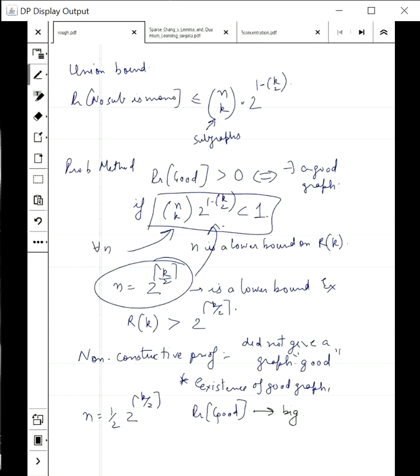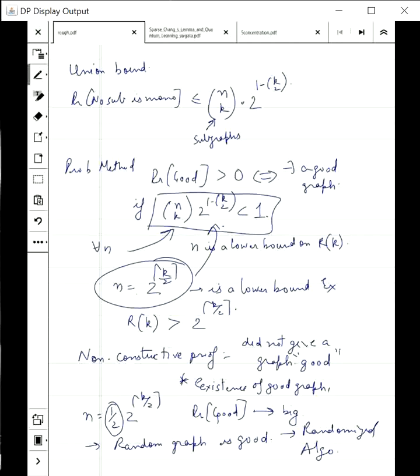What does it say? It says that a random graph is good with high probability, which gives us a randomized algorithm. And that randomized algorithm is very simple. This analysis in general does not give us an algorithm, but if we compromise slightly, here we have a factor of half, and before we did not have a factor of half, so if we just decrease n slightly, then we get a randomized algorithm.